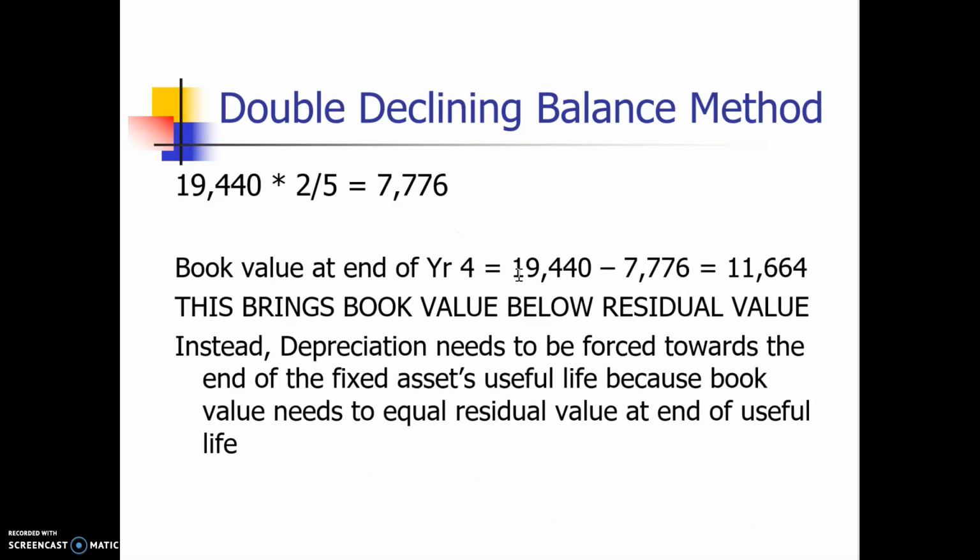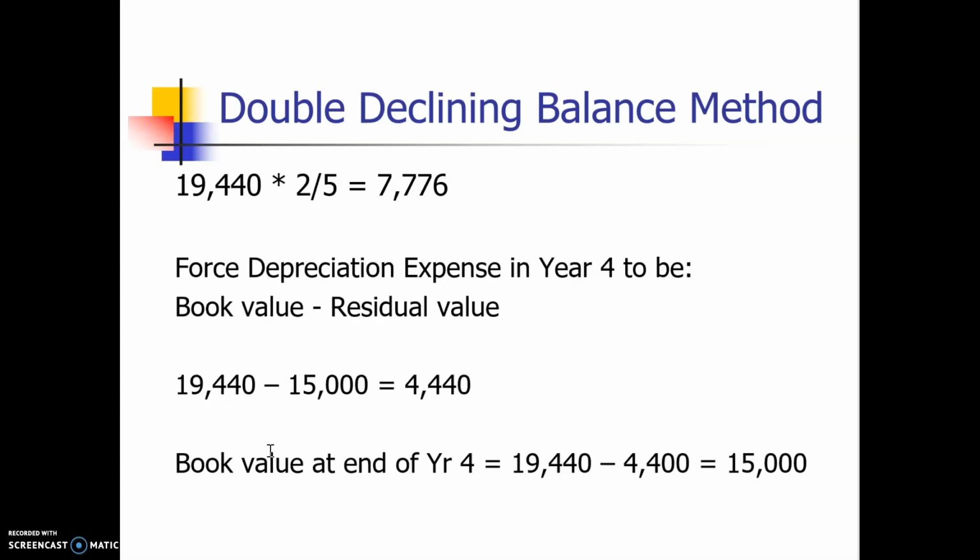We're not going to use the formula in that year. We need to force depreciation because book value needs to equal residual value at the end of the useful life. Okay, so this is happening in the second to last year. If it doesn't happen before the last year, you definitely do it in the last year. You definitely will have to force it in the last year.